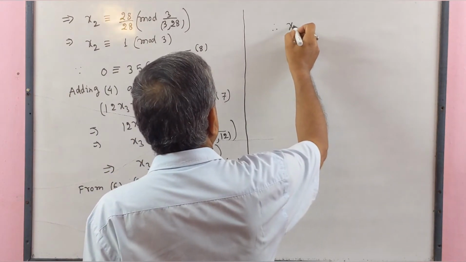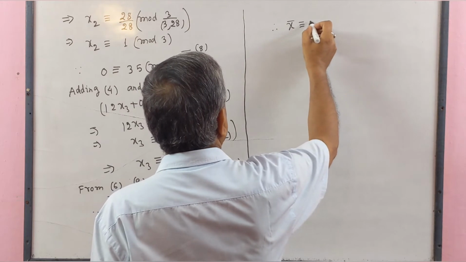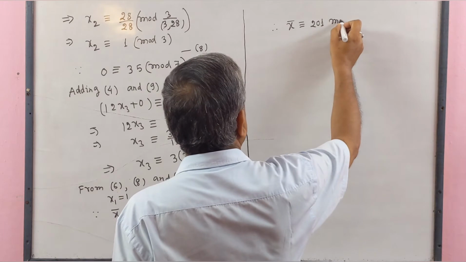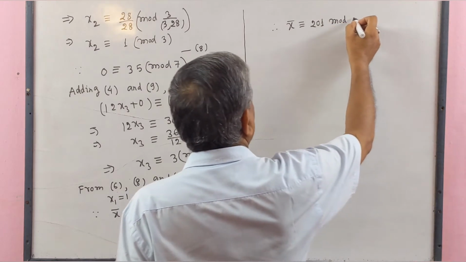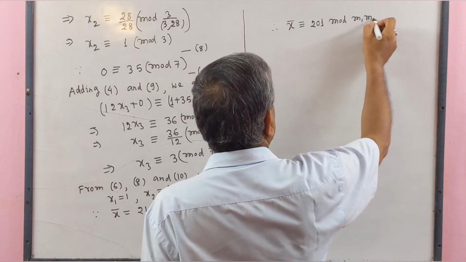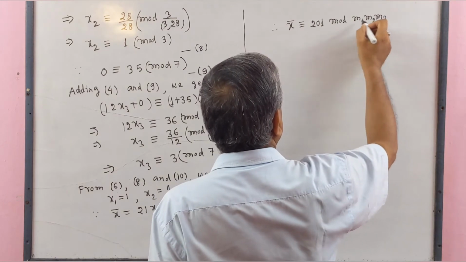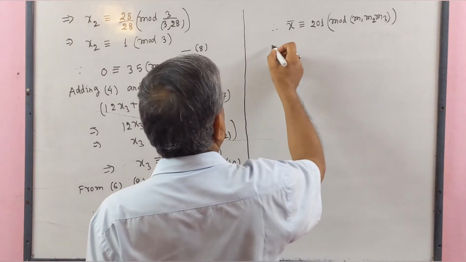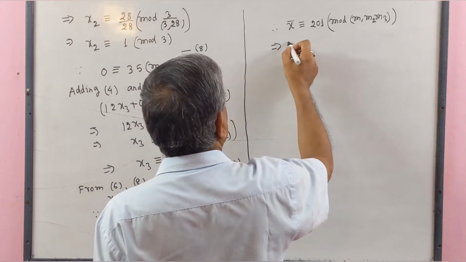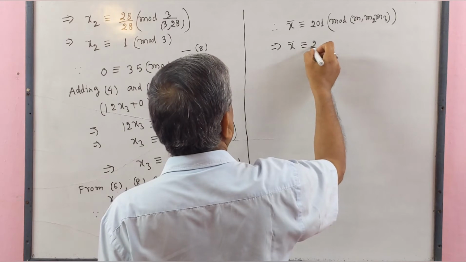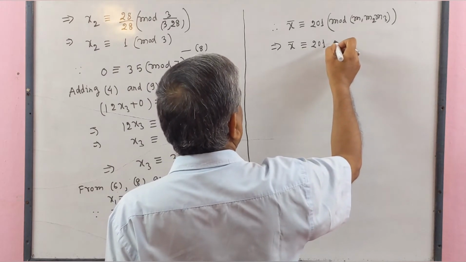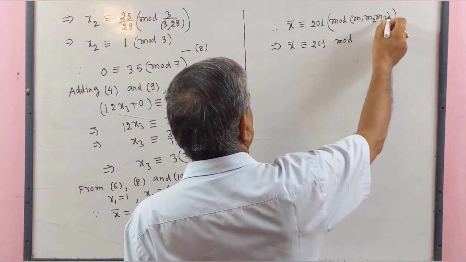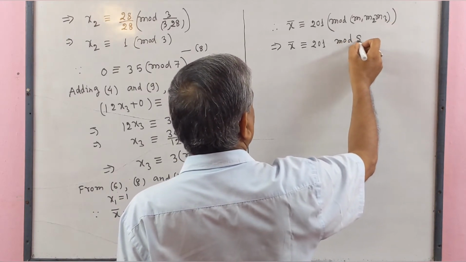Therefore, x bar is congruent to 201 modulo m1 multiply m2 multiply m3. Implies that x bar is congruent to 201 modulo m1 multiply m2 multiply m3 is 84.